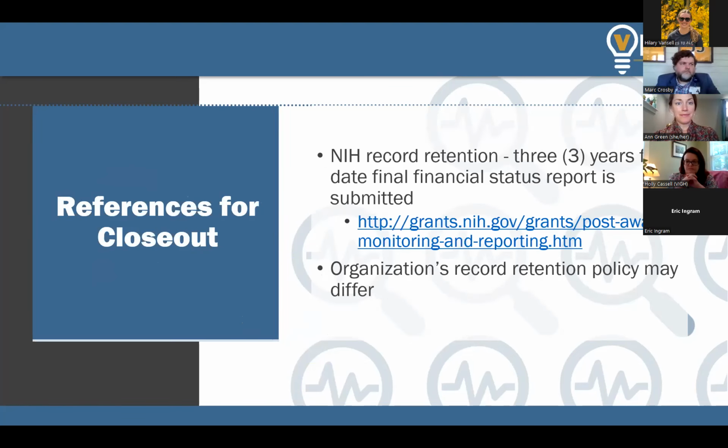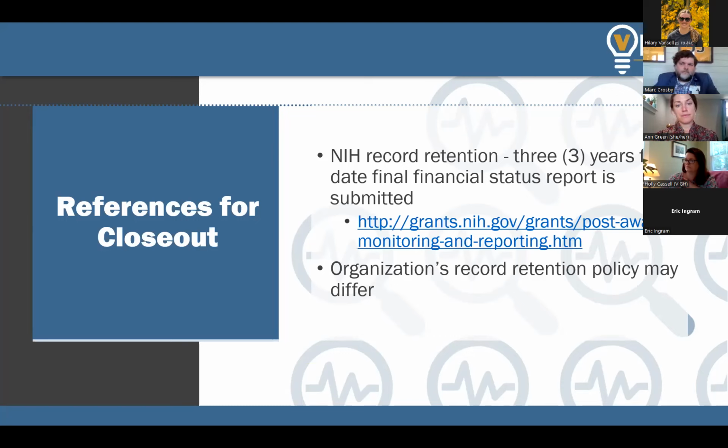Talk about documentation. We use NIH at Vanderbilt as an example because most of our medical research grants are funded by the NIH. The record retention policy is 3 years. At Vanderbilt, we actually go a little above 3 years. It's just to say that your sponsor may vary in terms of what they require you to retain for your records.